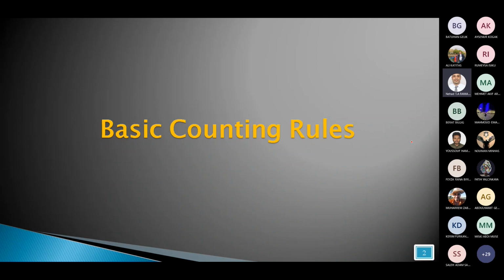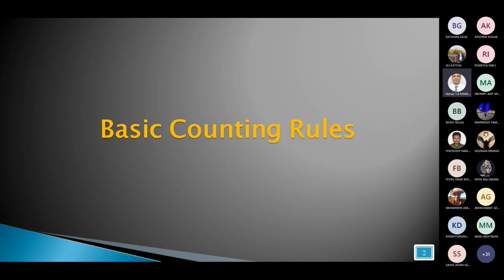You must know which counting rule or method you have to use. If you know which one, you will find that the question is very easy and you can solve any question easily. But the most important thing is to select the appropriate rule or method for the problem.